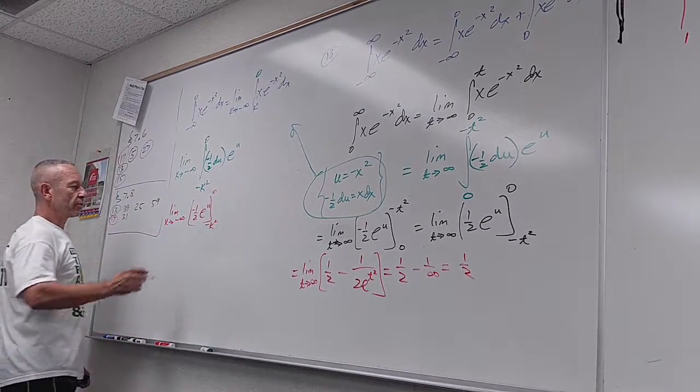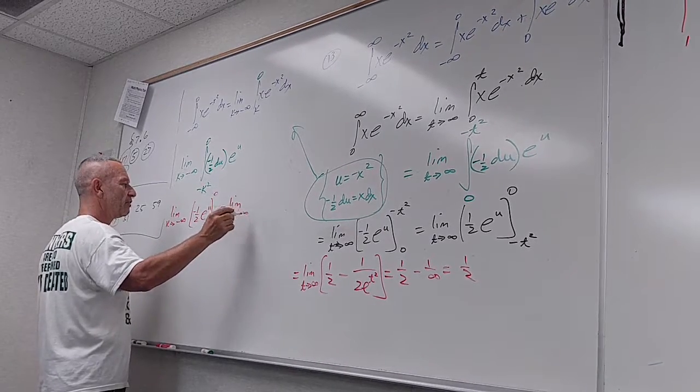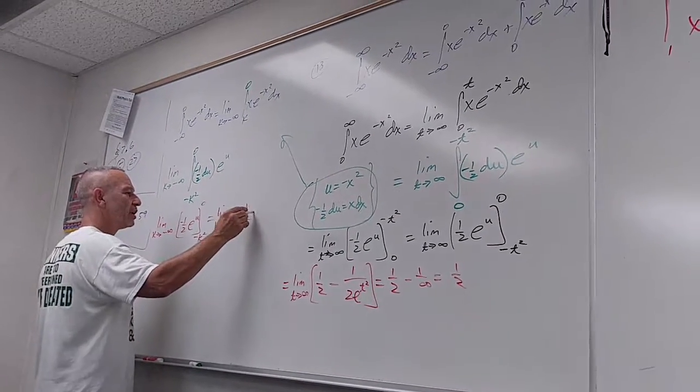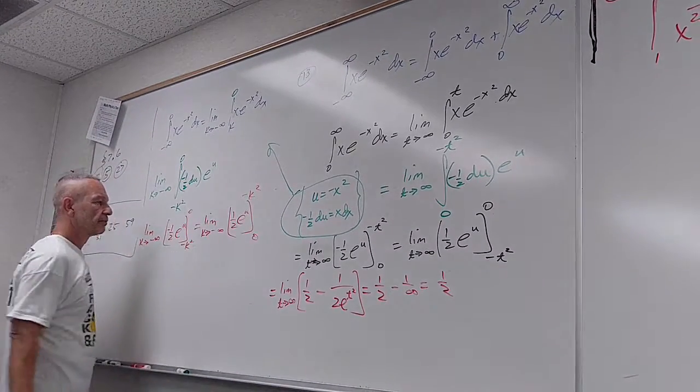And we may as well get rid of the minus sign as we did before. So limit k goes to negative infinity, positive 1/2 e to the u, but now evaluated from 0 to minus k squared.